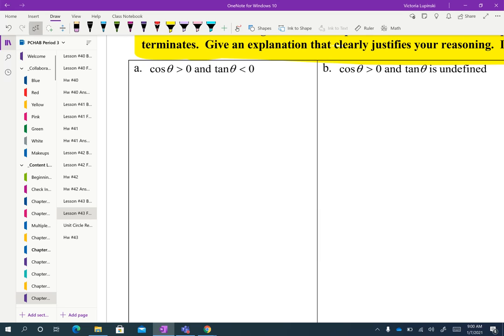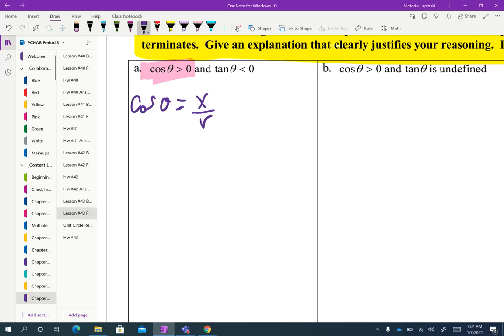They're telling us that the cosine of theta is greater than 0, and that the tangent is less than 0, and they're asking us what quadrant or what axis. So the cosine of theta being greater than 0, remember that we are not necessarily on the unit circle. So in terms of the ratio, we have to assume that we're on a circle of any radius, which means we have to use the more general definition, which is x over r.